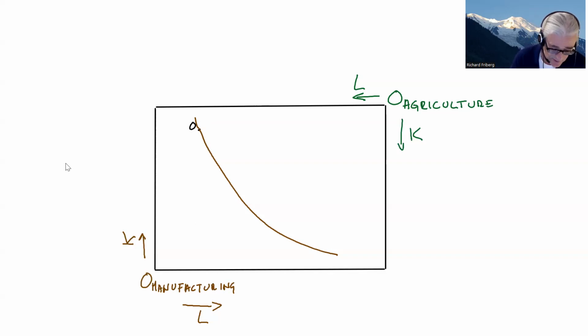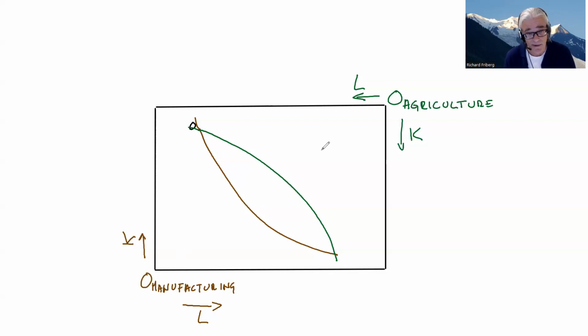So we want to look at an isoquant that passes through the original allocation. Similarly, we have isoquants in green for agricultural production. Higher isoquants further from the origin for agricultural production are associated with higher quantities, and similarly for manufacturing. The further we move from the manufacturing origin, the higher are the associated quantities.